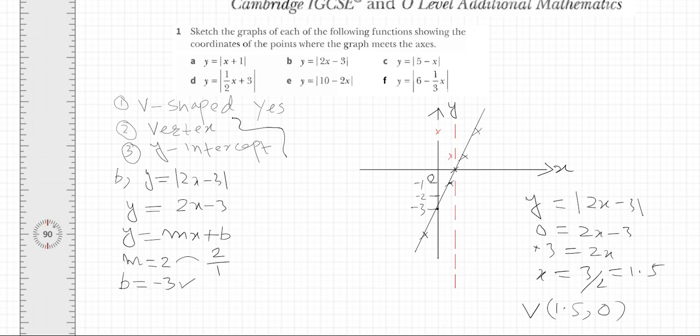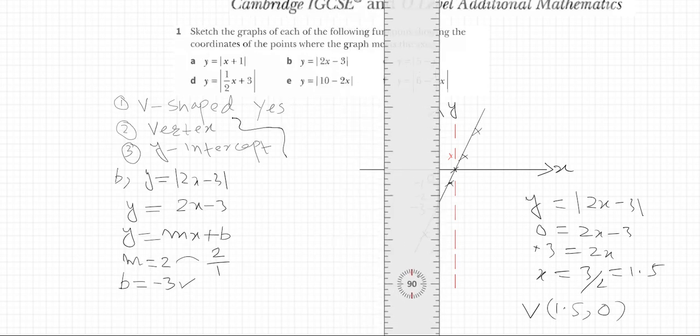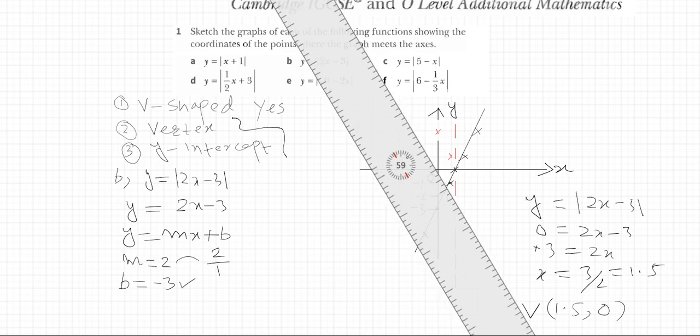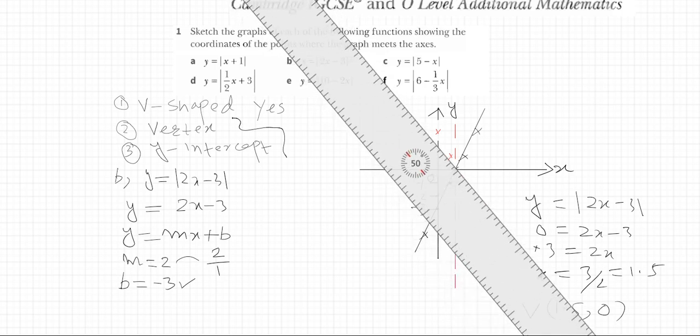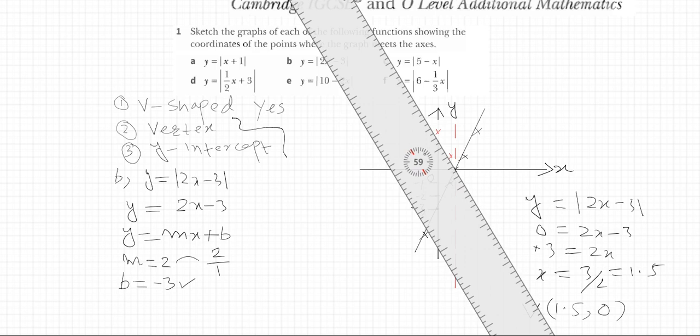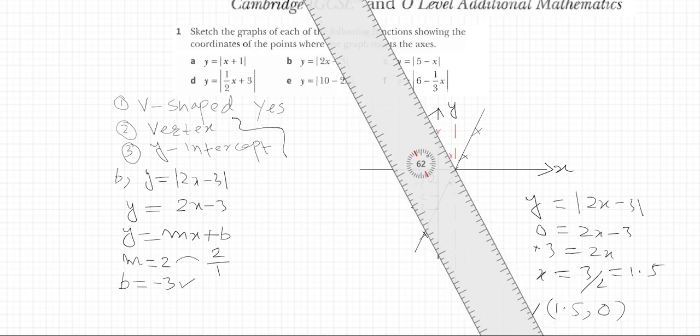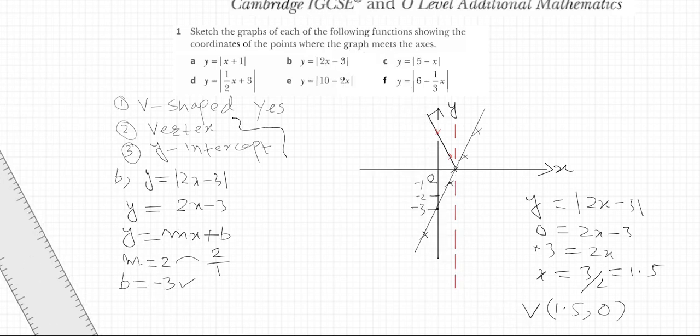Therefore, our V-shaped graph is, join these points, and you will see the exact V-shaped graph. So this is our final answer of part B.